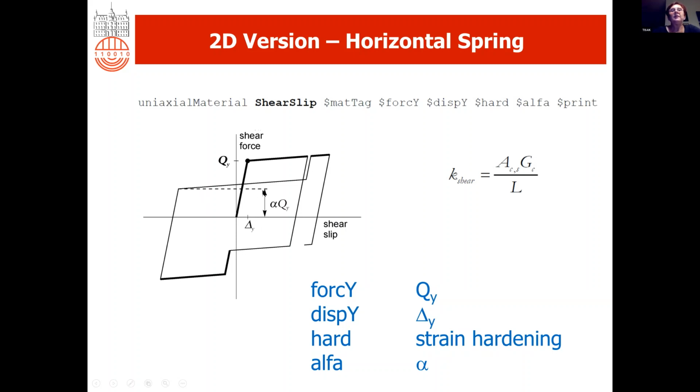And then to define some deterioration parameter using this alpha parameter, which is typically 0.5.